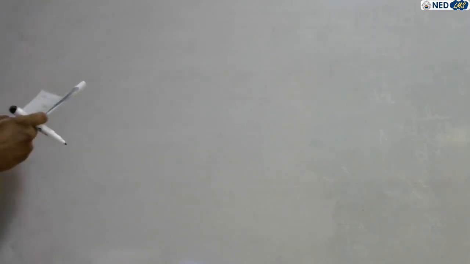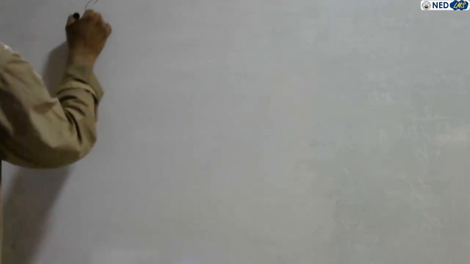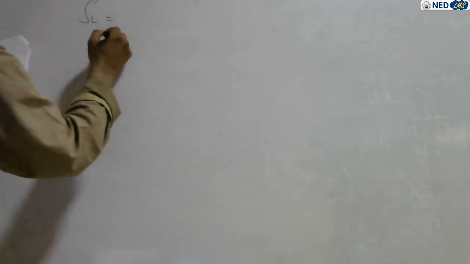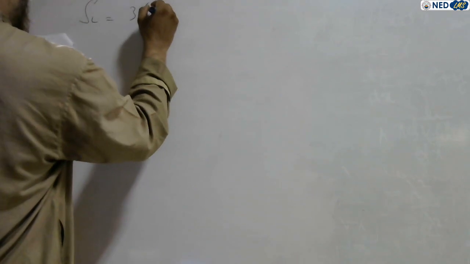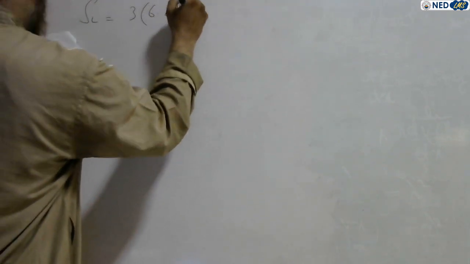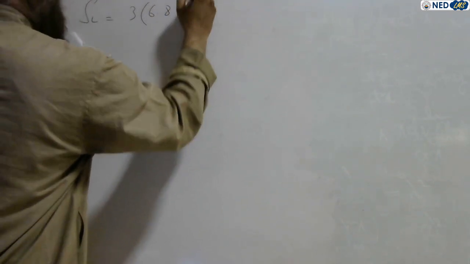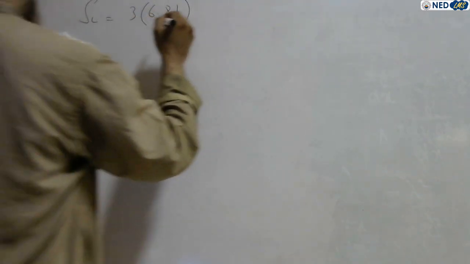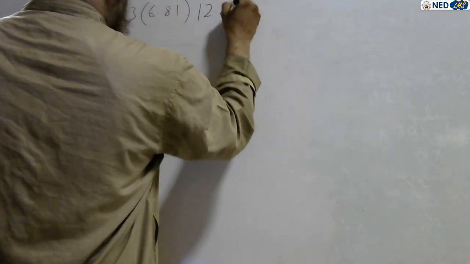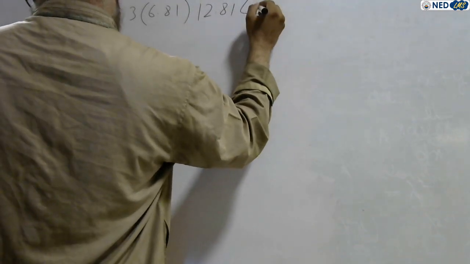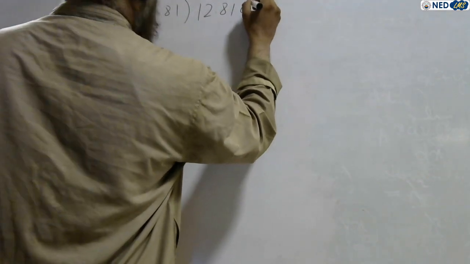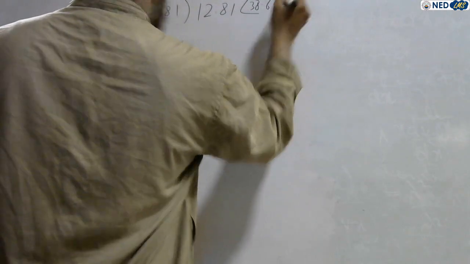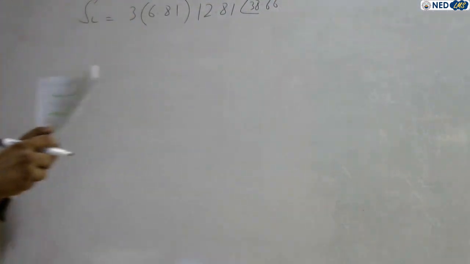So when you put in the values, the power absorbed by the load equals 3 times the phase current squared, 6.81, the current magnitude squared, times the impedance 12.81 at 38.66 degrees.